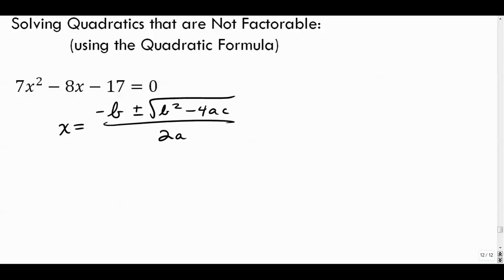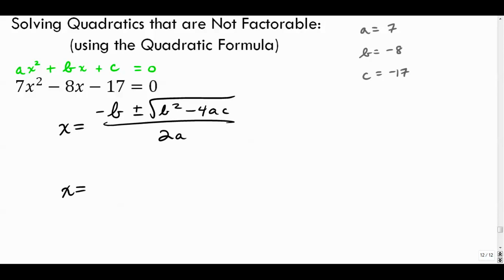And we get these letters from our equation, right? It's usually ax squared plus bx plus c equals 0. So it's probably a good idea to list our a, b, and c constants over here: a being 7, b is negative 8, and c is negative 17. And then we just plug them in where they belong.